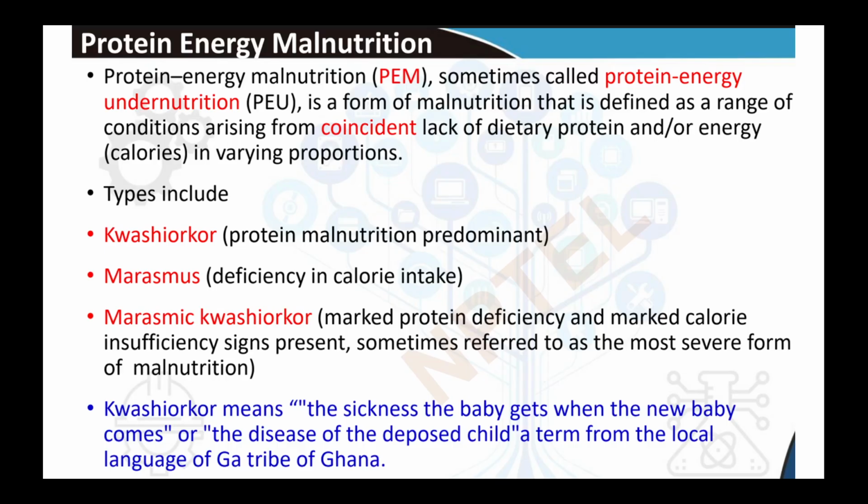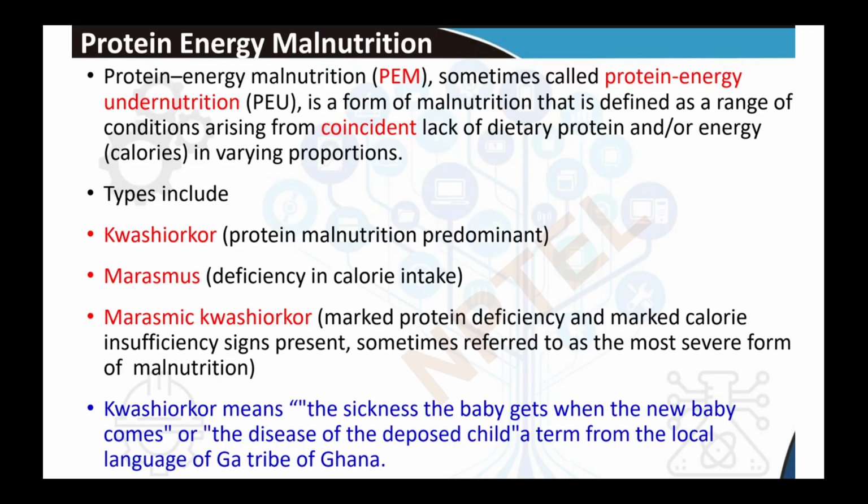So there are different types of protein energy malnutrition. One where protein deficiency is there, one where major energy deficiency is there. So kwashiorkor is the variant where protein malnutrition is predominant.